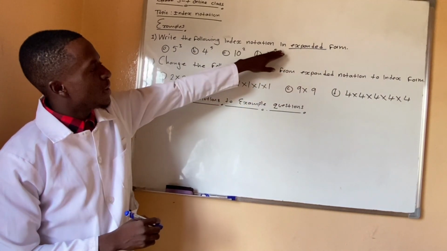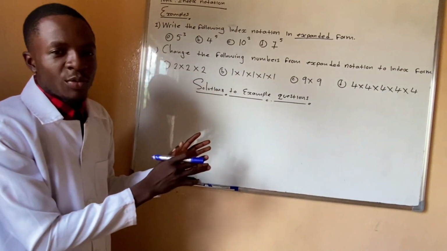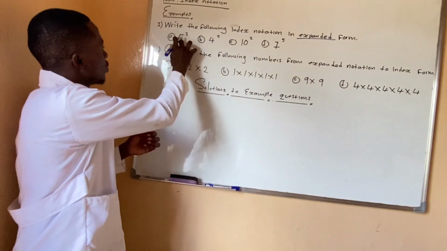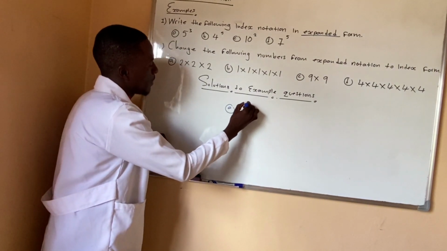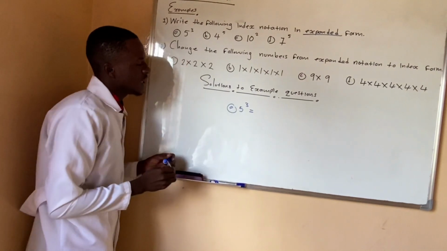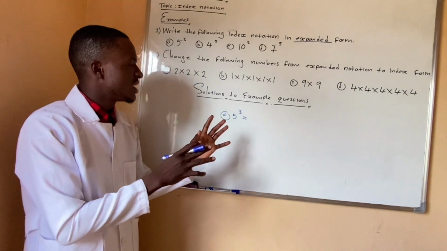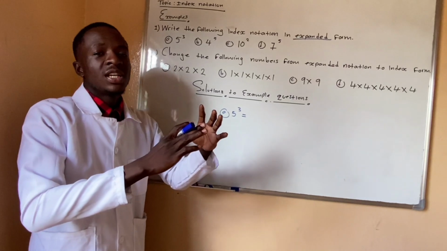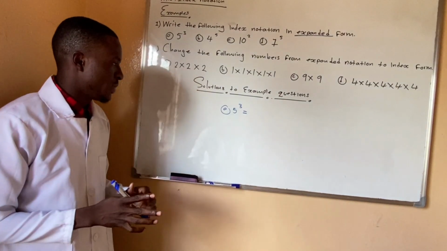Now this 7 to the power 5 can be written in another way, which I'm going to show you here. I'm going to start with the first one, A, which is 5 to the power 3. How can we expand this one? Expanding simply means how can we write it in such a way that we have a lot of numbers. That's the easiest way I can explain.